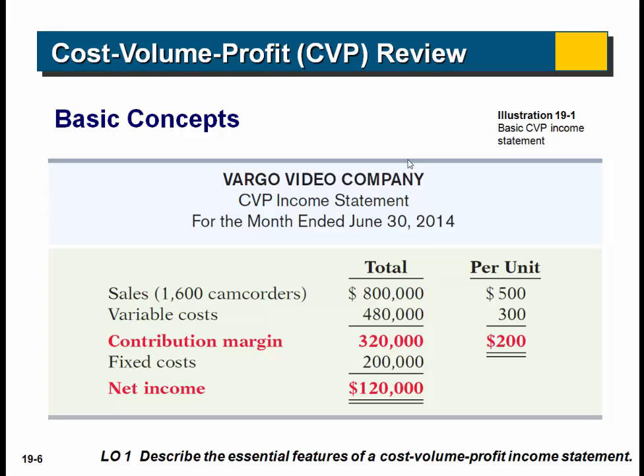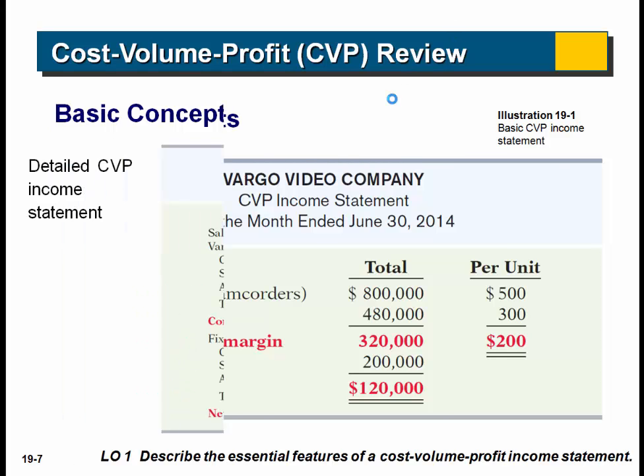If that number were zero or approaching zero, it would probably not be a good proposition to sell that particular product. And then you have certain fixed costs that you're going to cover, and they don't change. In this particular case, the company sold 1,600 units and they made $120,000 in net income.